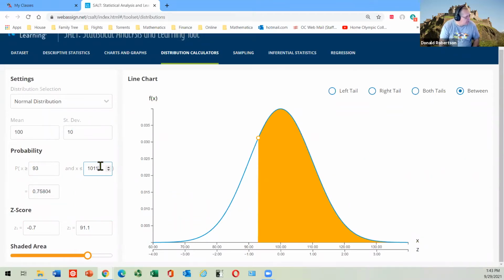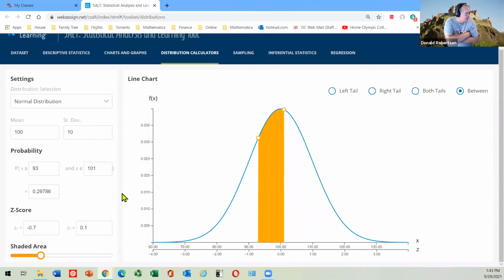I put in definitely the wrong number there, too many digits. Does that look between 93 and 101? Does that look about right? You can see it visually. And can you see the answer is, as a proportion, 0.29789. And if they want the answer as a percentage, how about 29.786%?